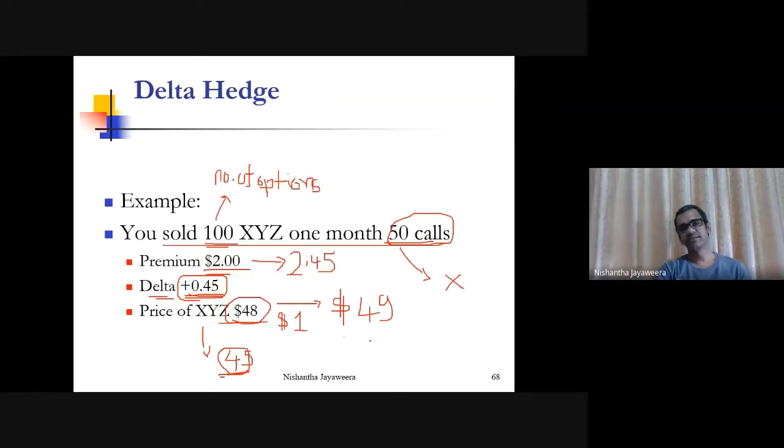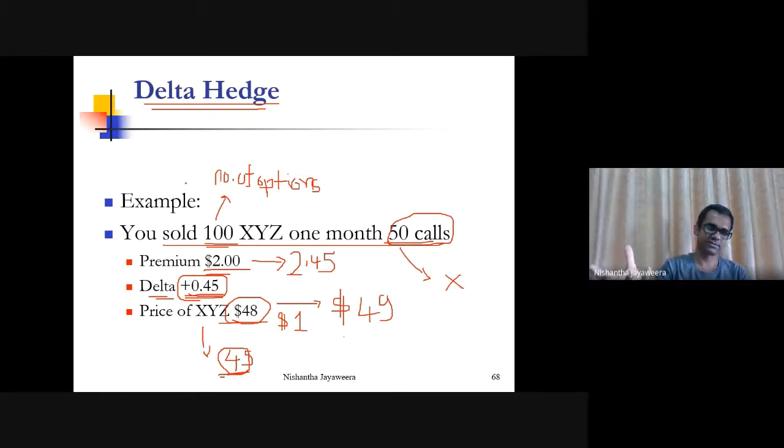So that is what is meant by delta hedge. You created a short position on options. Then you get exposed to the market. If the market price goes up, you lose.